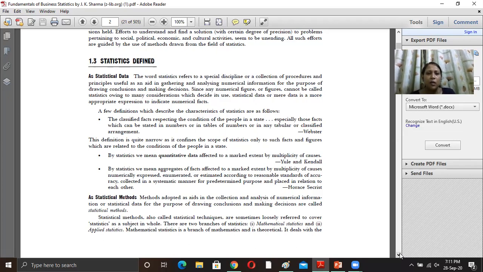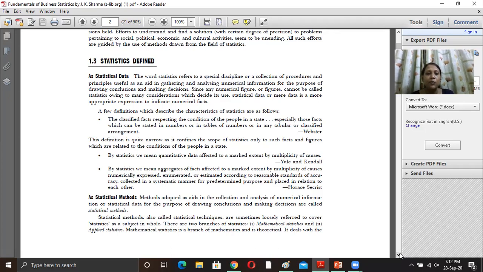Characteristics of statistics can be summarized as follows. The classified facts representing the condition of the people in a state, as termed by Webster, and Ewell and Kennel have given a different approach: by statistics we mean quantitative data, not qualitative, quantitative data affected to a marked extent by multiplicity of causes.